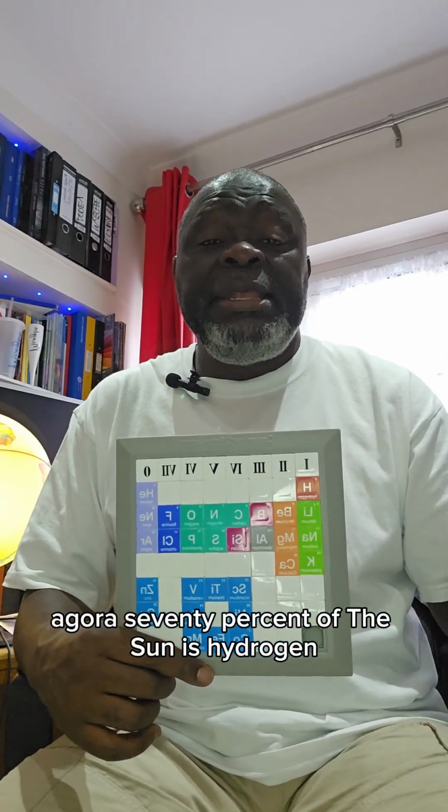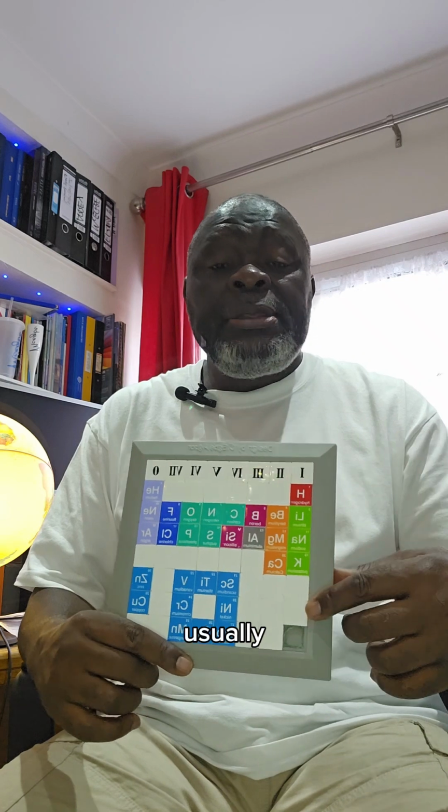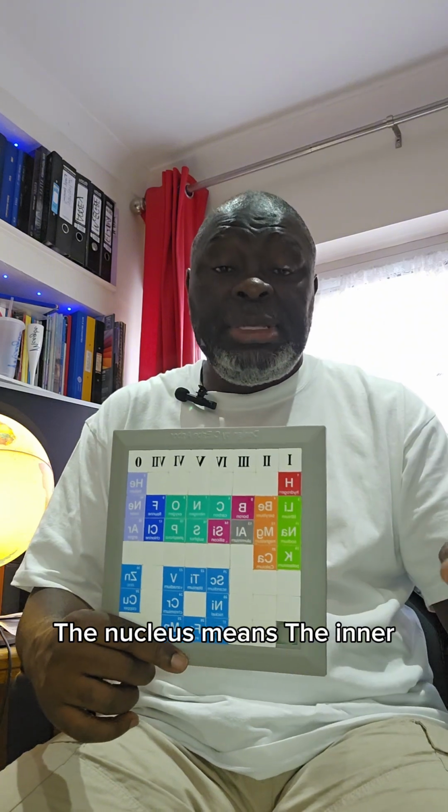Now, 70% of the sun is hydrogen, 70% of the core of the sun. What we observe when we look up at the sky is a nuclear fusion reaction taking place. That means the nuclei fuse. Usually, by nuclear, if you take a plant cell, we talk about the nucleus, the inner part of it.